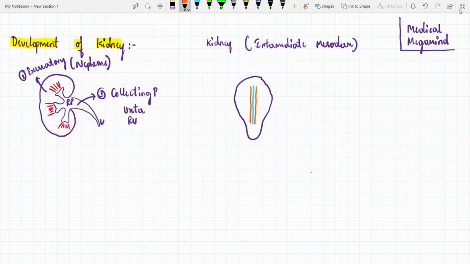And the lateral most part is the lateral plate mesoderm. The mesoderm present in between the paraxial mesoderm and lateral plate mesoderm is called intermediate mesoderm. So the kidney develops from this part.